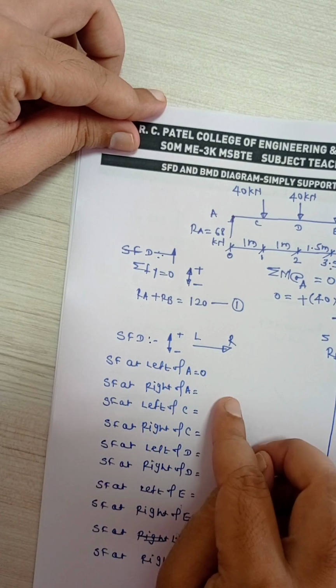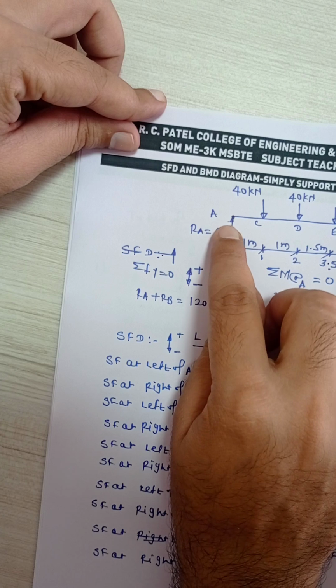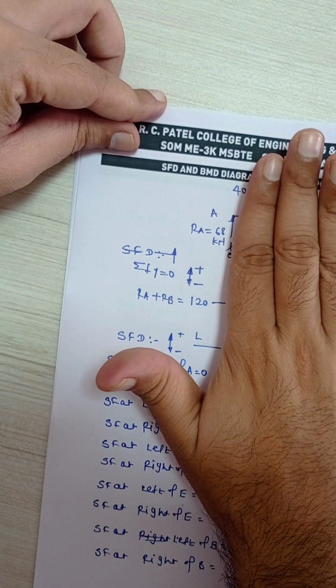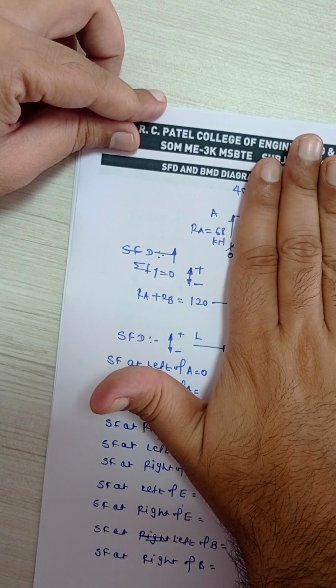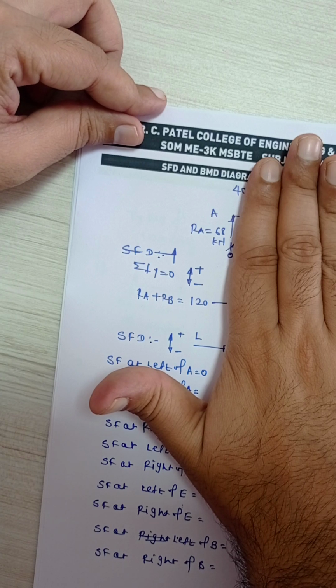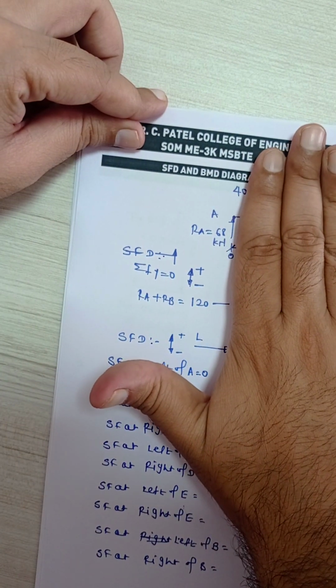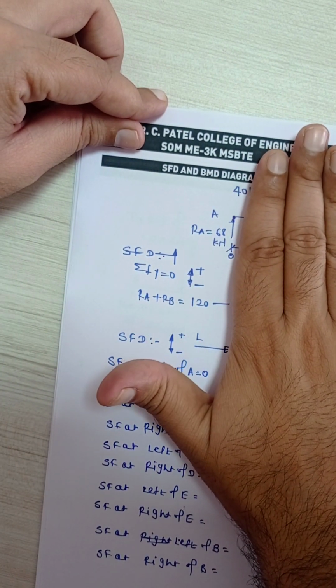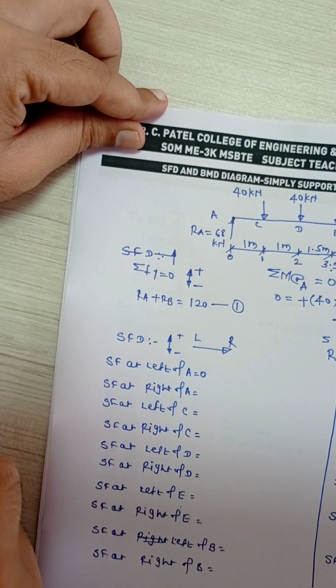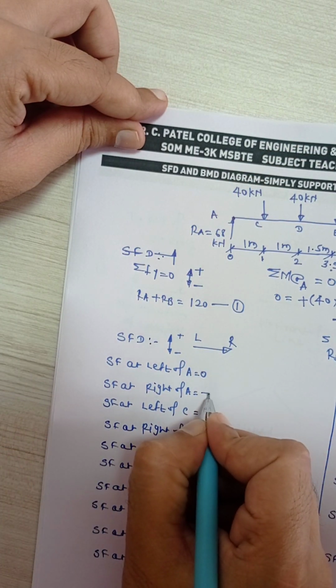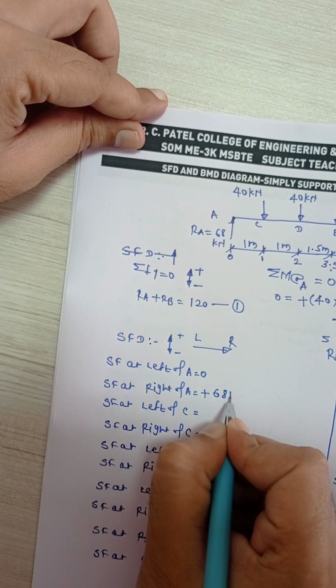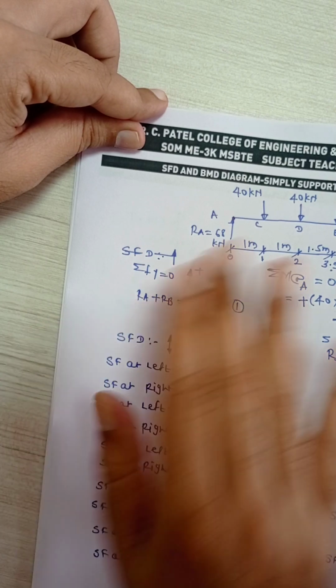Now, right of A, we are observing the force RA. Force RA is 68 kilonewton, and it is going upward, so by the sign convention it is plus 68 kilonewton.